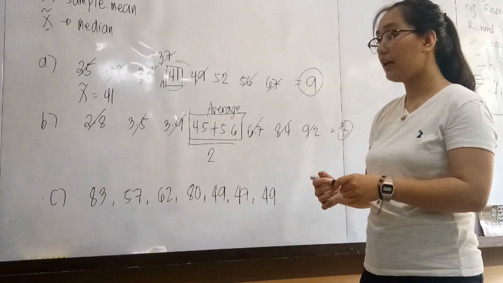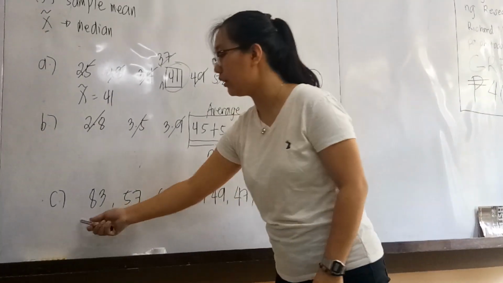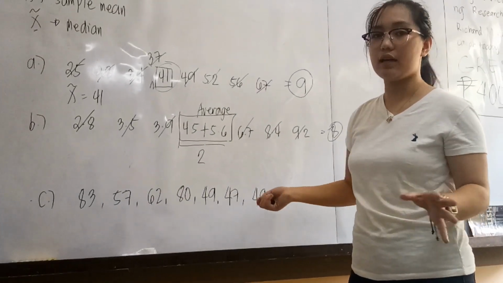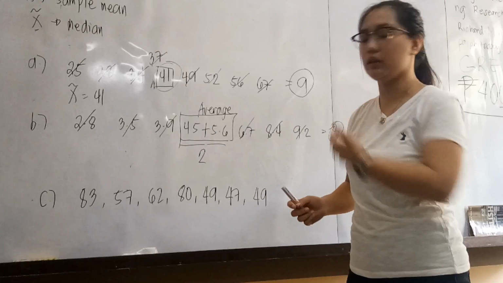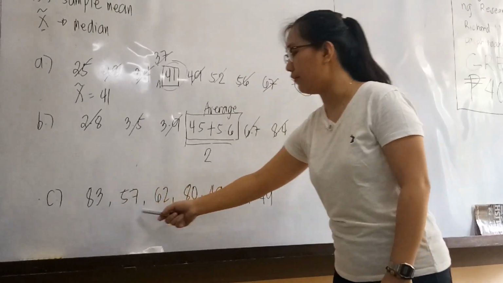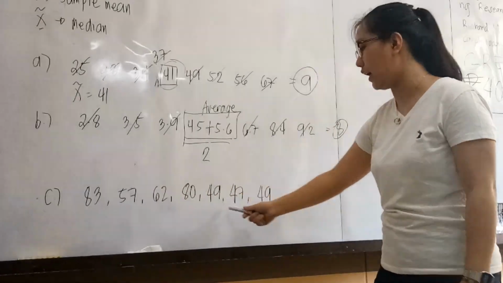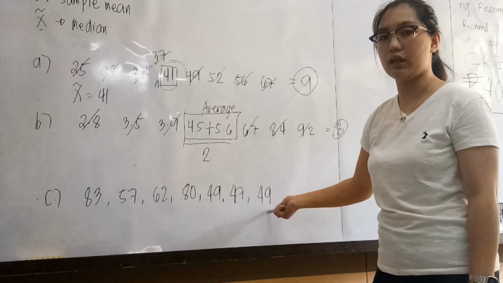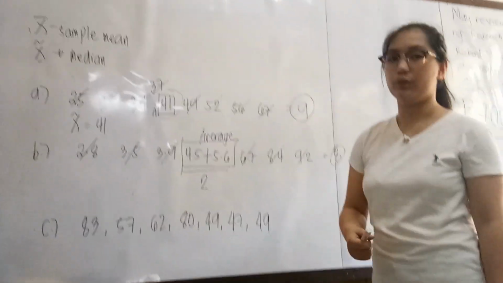You try this one in your notebook. Again, this will not be passed; it will just be your enrichment activity for median. So we have 83, 57, 62, 80, 49, 47, 49. Try doing that in your notebook.